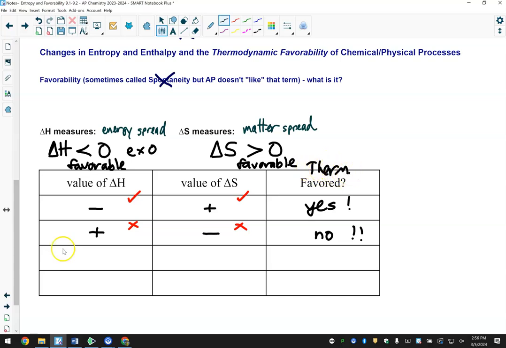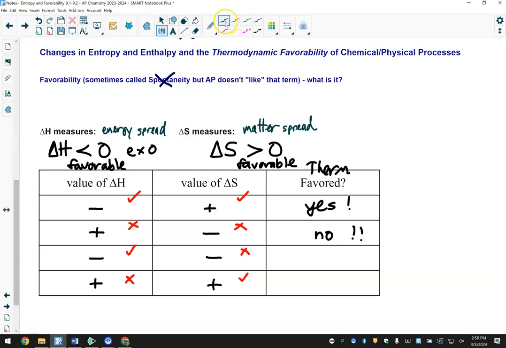Okay? All right. Then what happens if you have a negative delta H and a positive delta S? I'm sorry, wrong. Negative delta S. Negative delta S. Well, this is a favorable change and this is an unfavorable change. Or what if you have a positive delta H, unfavorable, but a positive entropy change? This is unfavorable, and this is favorable.